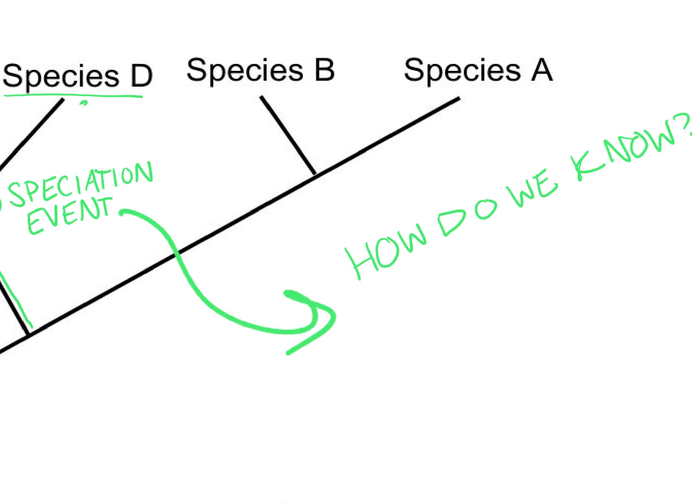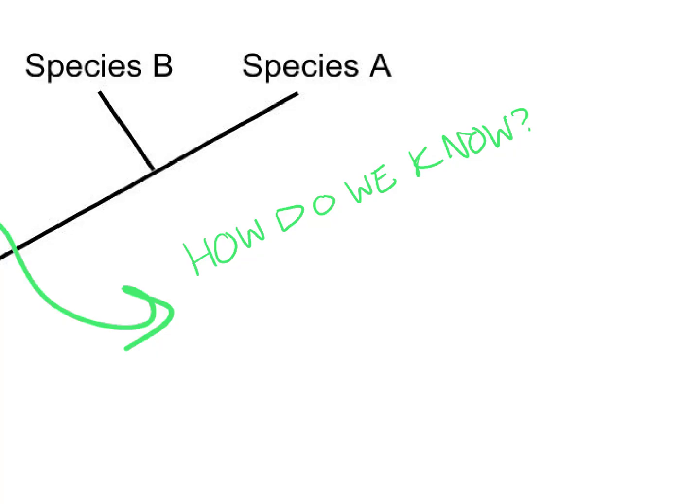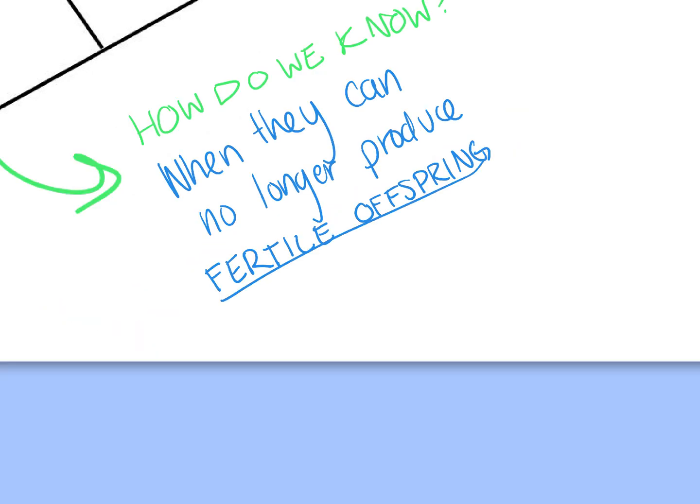So how do we know when they are officially two different species? Well, that's when they can no longer produce fertile offspring together. So, for example, let's say we had two types of cats and they went off and lived in different places, and over time they became really, really different to the point where we thought they might be two different species.